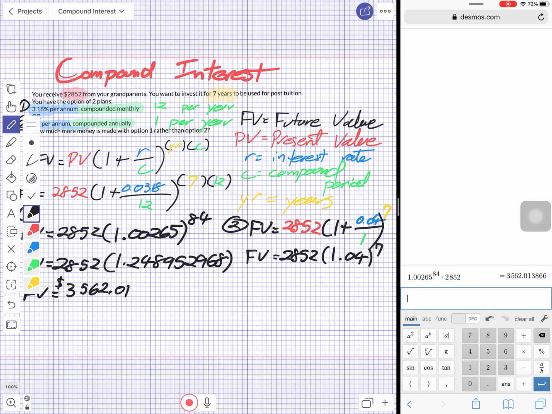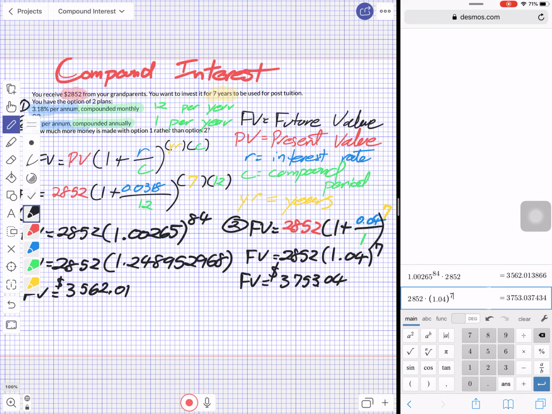And I can write the whole thing in: 2,852 multiplied, and I'll set up a set of brackets, 1.04. I can close those brackets, and then I can say that to the power of 7. And there we go. Our future value is equal to $3,753.04 approximately.